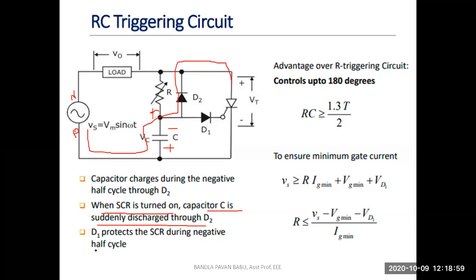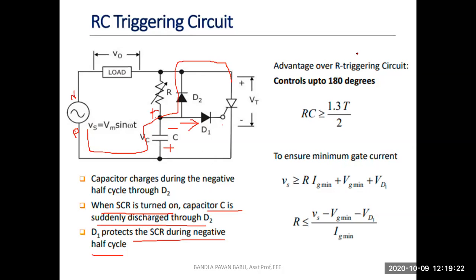Okay, so D1 protects the SCR during the negative half cycle. This negative energy will not be fed to the gate terminal because the diode will not conduct in the reverse bias condition.